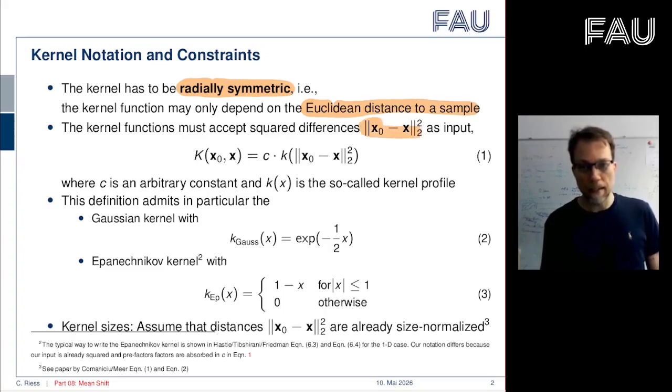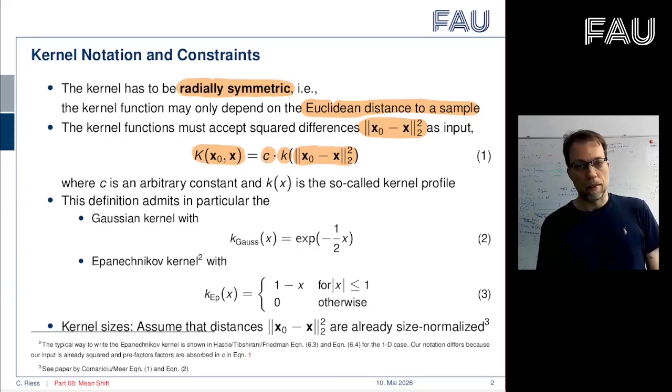We have a Euclidean distance, ||x0 - x||², squared Euclidean distance, sorry. And if this is the only thing that is relevant for evaluating the kernel function, then we can rewrite the kernel function, which usually is a two-parameter function, x0 and x, to a one-parameter function, lowercase k in that case, times some constant, doesn't really matter.